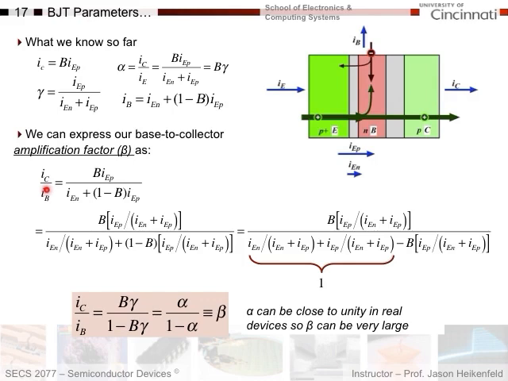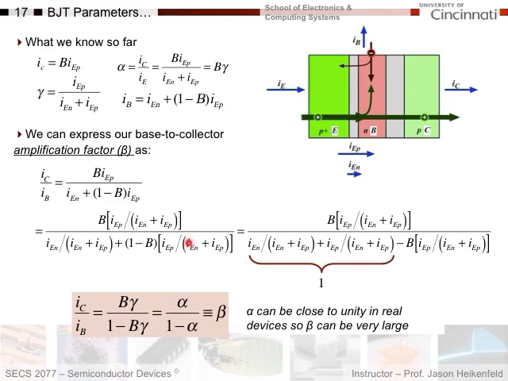And so I'm going to start to substitute in here some terms. We already have IC equals base transport factor times IEP. I put that in right here. I've got my currents for base current. We did that on the previous slide, right? There's my currents for the base current, the two components. And then I'm going to take both the terms in the numerator and the denominator, and I'm going to divide them all by IEN plus IEP.